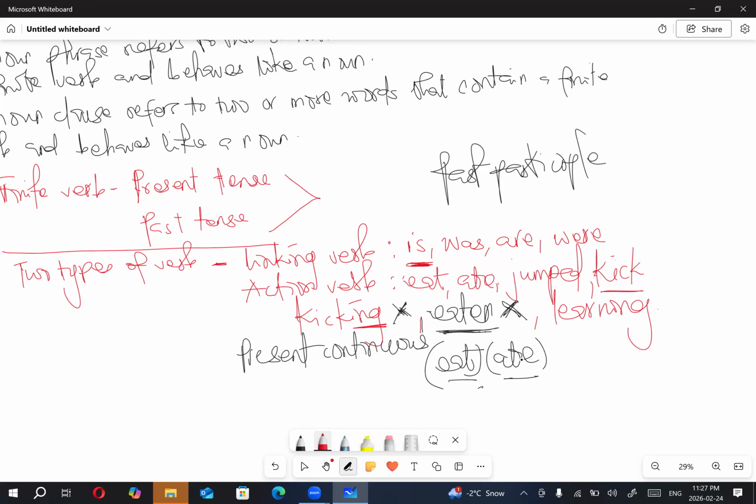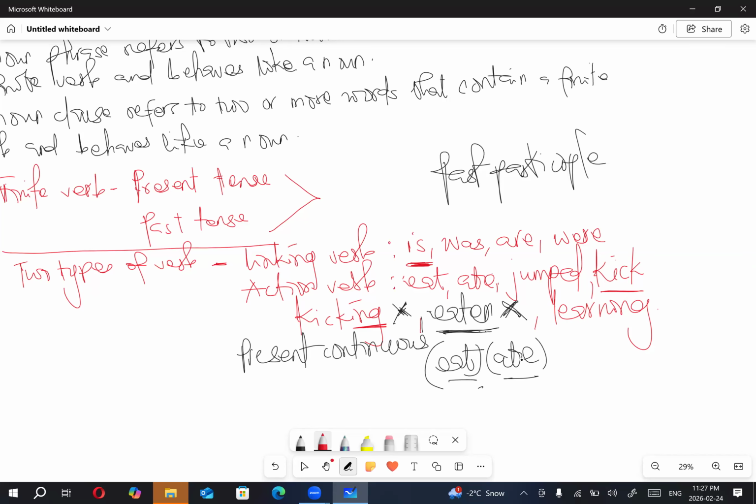What's the past tense of learn? Learned, right? Yeah. So learning, well, it's neither present nor past. So that is not a finite verb. To be a finite verb, you must be either present or past.